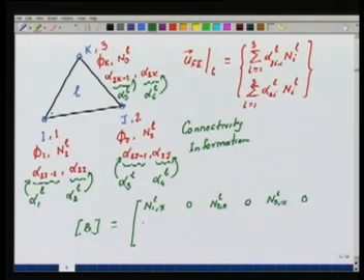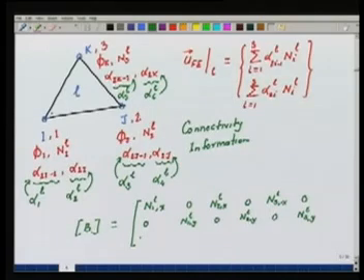Similarly, I will have 0, N1 comma y for the element, 0, N2 of the element comma y, 0, N3 of the element comma y.